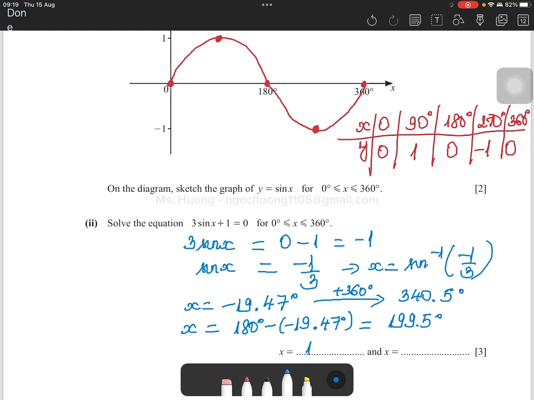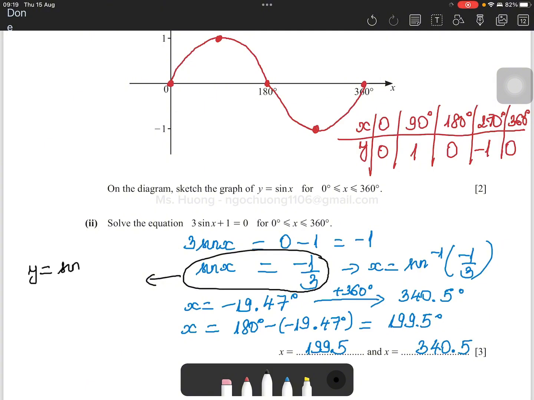So we have two different answers. The first is 199.5 and the second is 340.5.